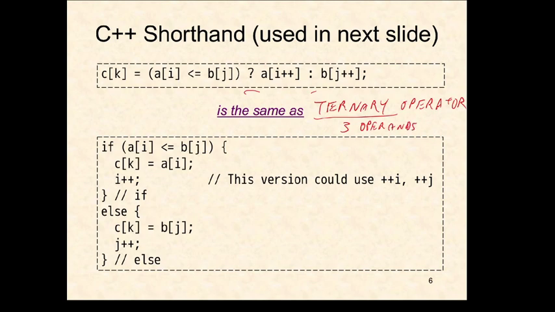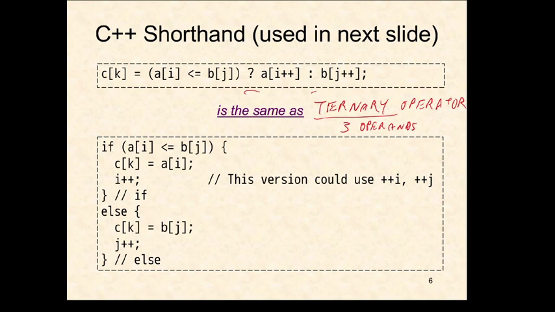So a unary operator like plus plus has one operand. A binary operator like the modulus operator, the equals, has two operands, and there is one that is called the ternary operator because it's the only one.